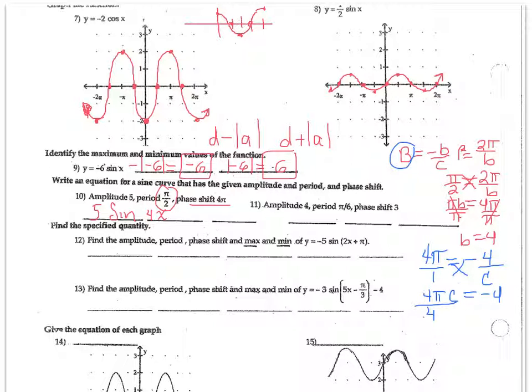Then divide by 4 pi. c equals -1 over pi, because the 4's cancel out. So I put that on as c, so it's -1 over pi, and that would be in parentheses. And that's the equation.